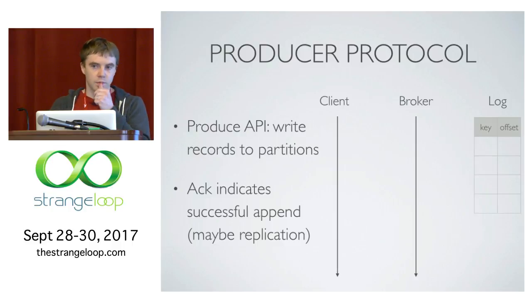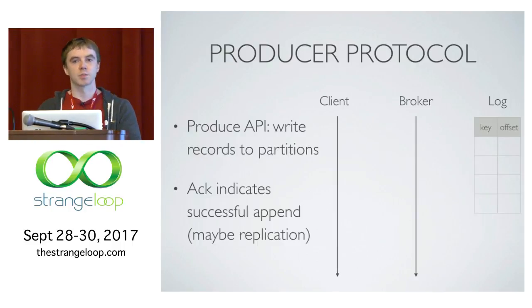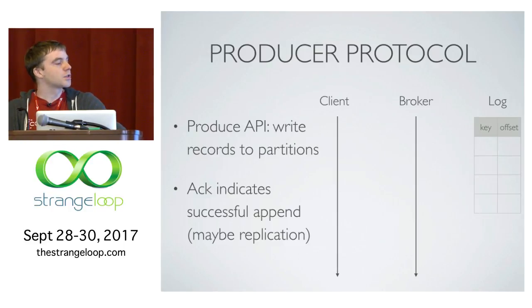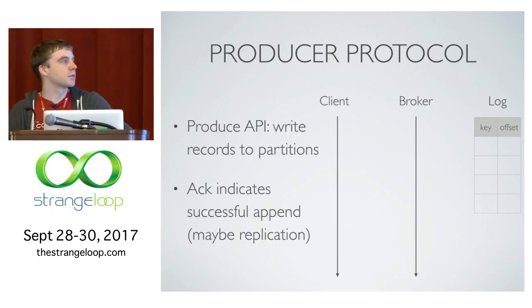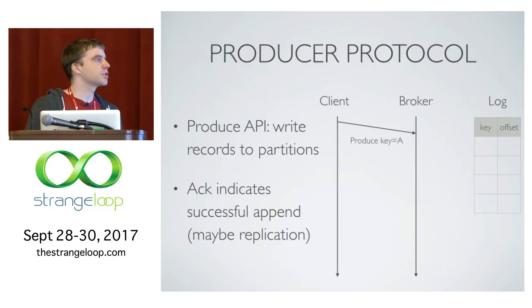From a protocol perspective, the Kafka protocol is very simple. It's a request-response protocol. There's one point about the produce protocol in particular that I want to mention because it pertains to semantics. We have a very simple produce request, which is received by the broker.